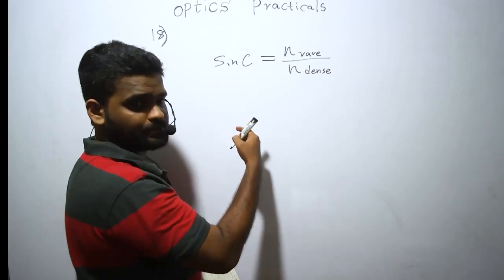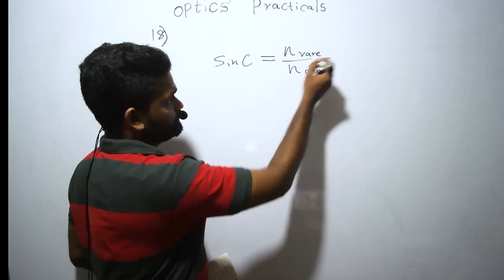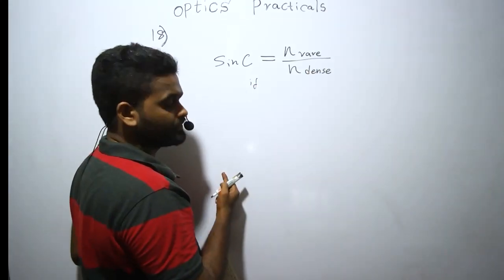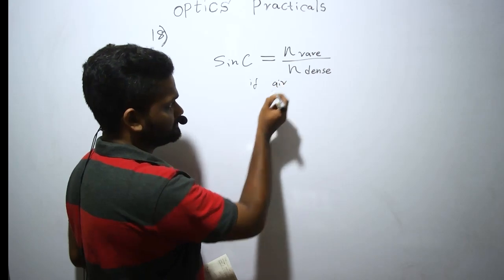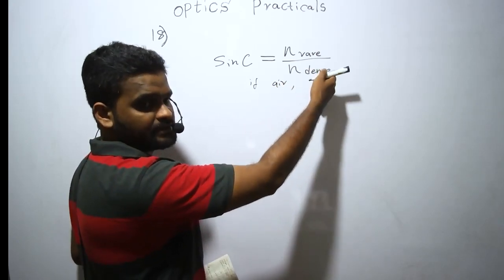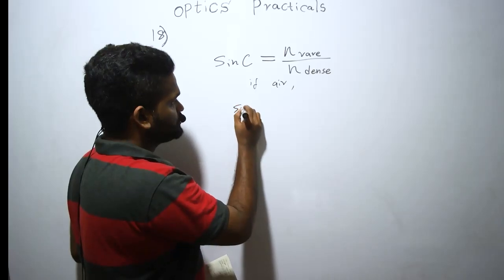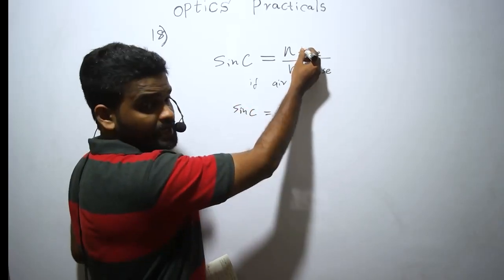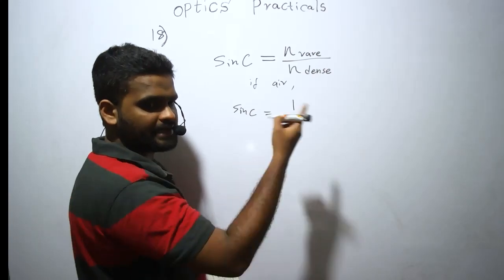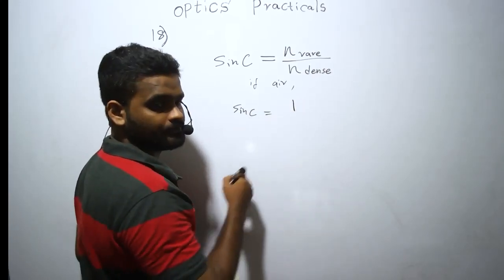But in this experiment, what do we do? At the outside of the prism, it is air, right? And for the dense medium, we get a glass prism. So for sine C, for air, the refractive index is 1. Air or vacuum, the refractive index is just 1.